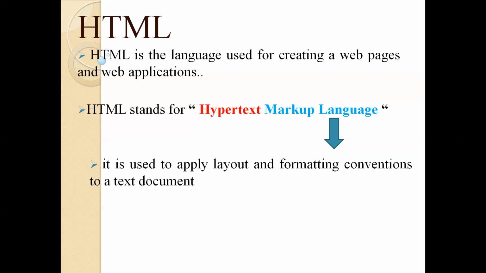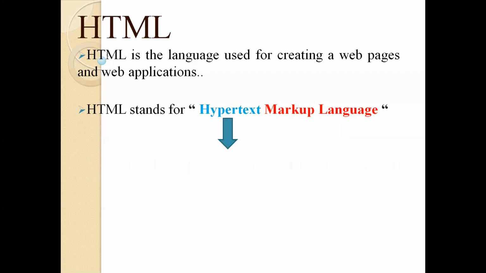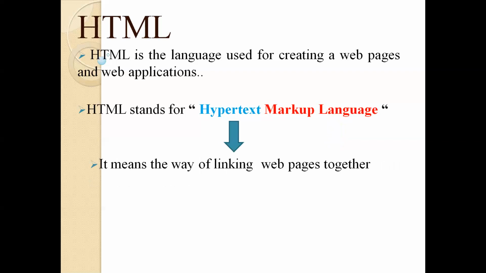Then let us have a look at hyper. Hyper means the way of linking web pages together. Many of us already browse the internet or web, and while we are observing something on the internet, we have to travel along multiple pages.